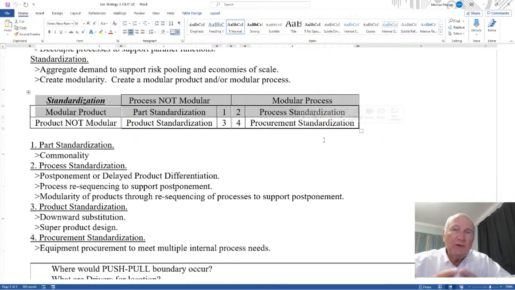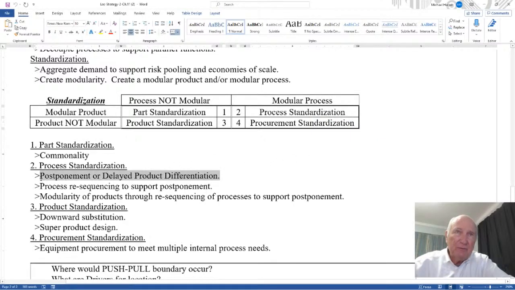So when and where do you produce it? Here's the strategy which people have used and are using very efficiently and effectively today: postponement, or delayed product differentiation.